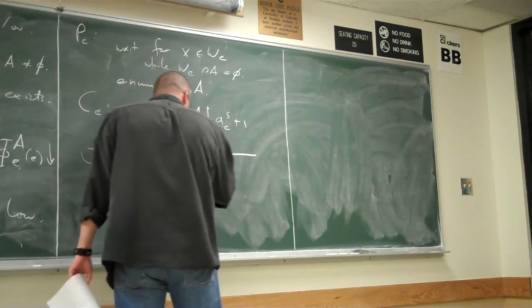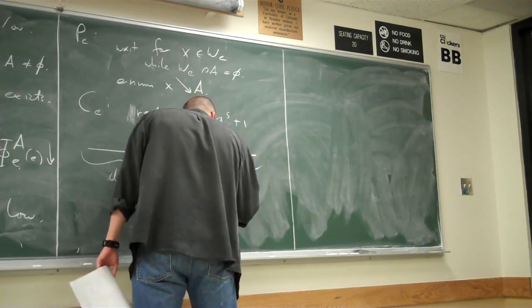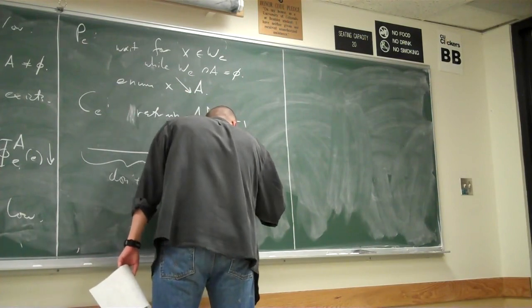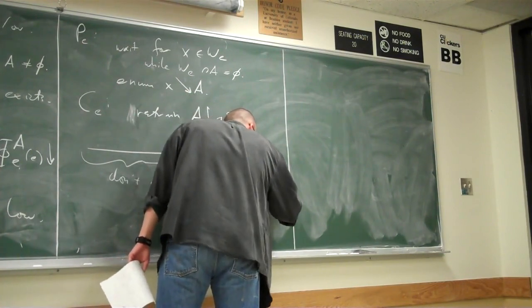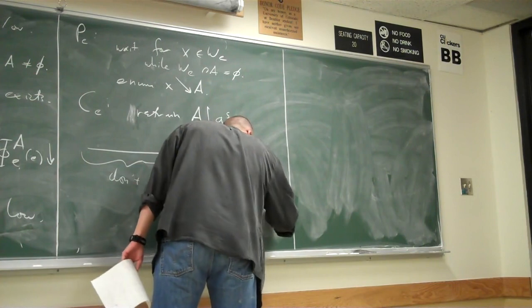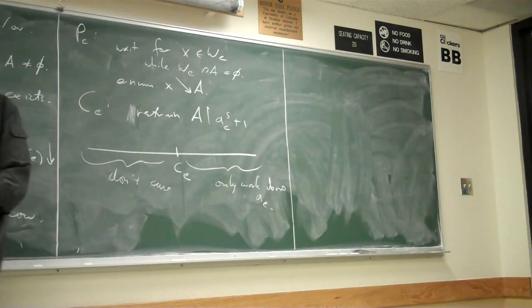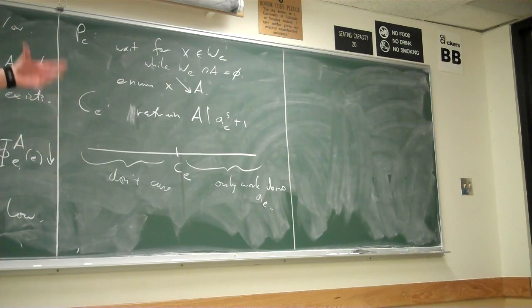These requirements up here can only work above a_e. They get to do whatever they please with A as long as they're above a_e. This is exactly the intended effect of C_e doing this.